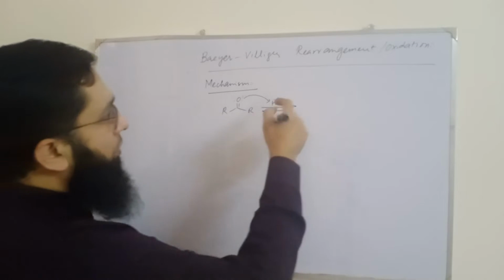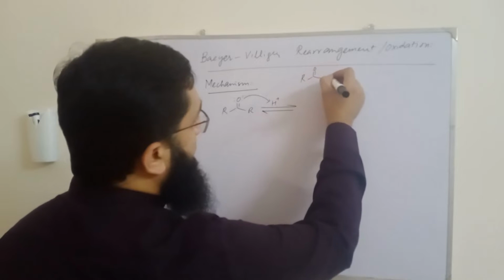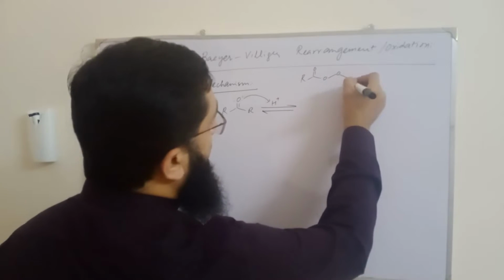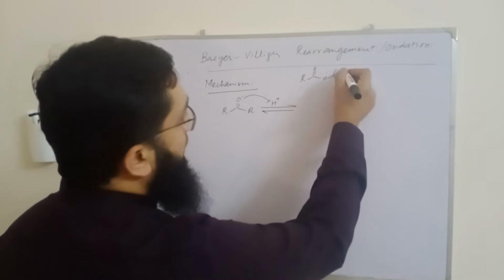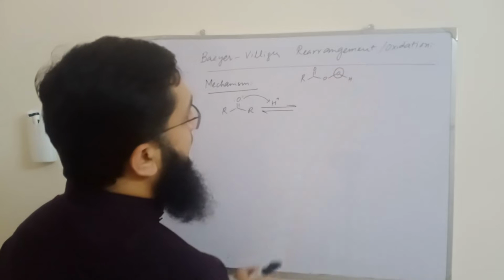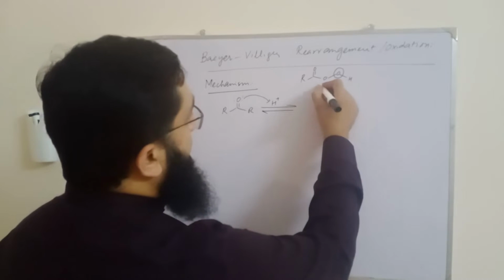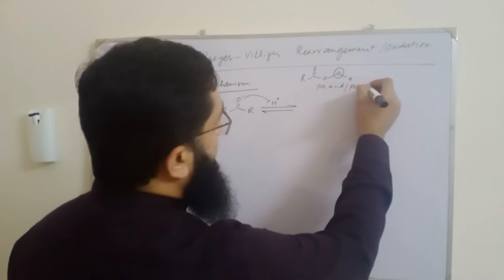This proton is coming from the per acid which we are using. Due to the presence of this extra oxygen, this is called per acid or peroxy acid.